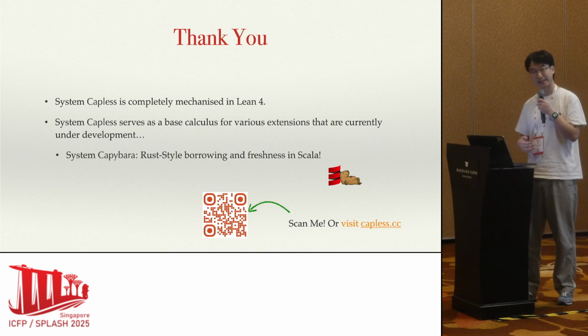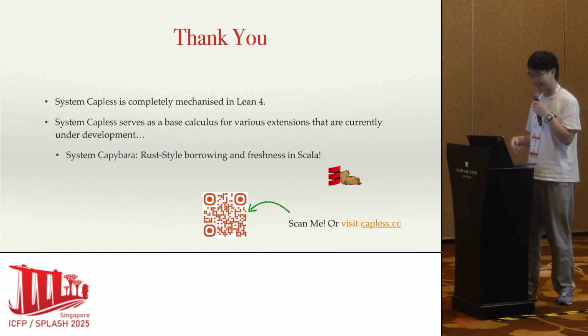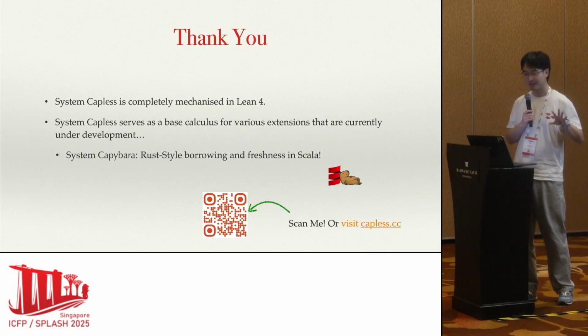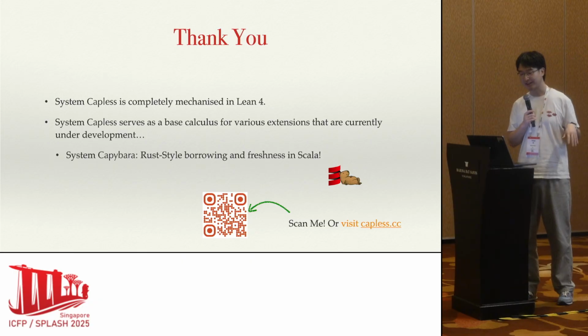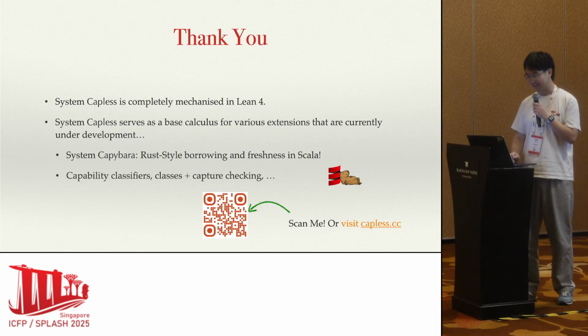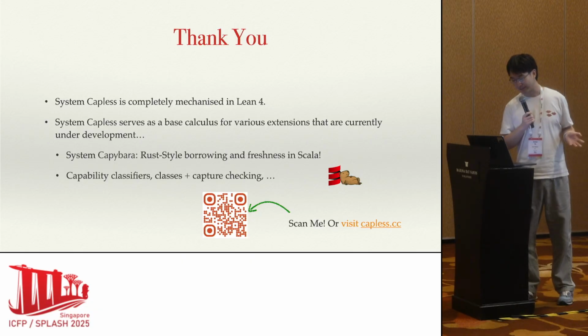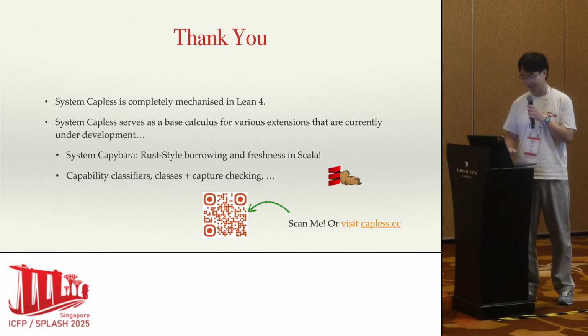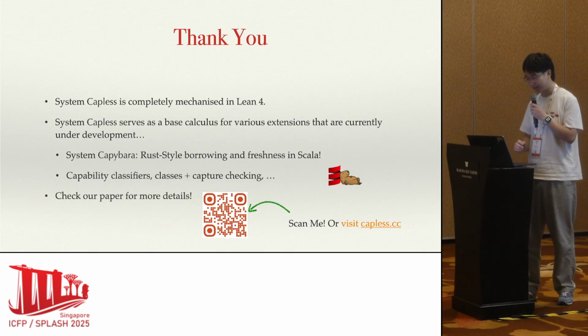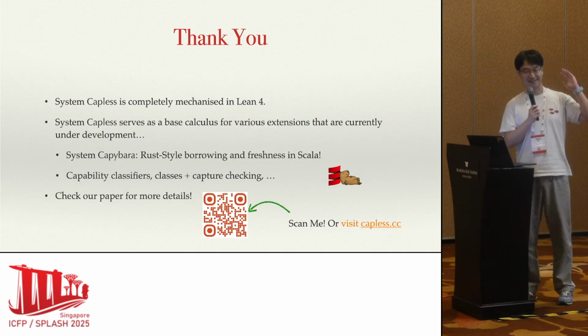For instance, System Capybara brings separation and freshness reasoning to Scala. That's the goal, and I had a talk on Tuesday already. And more things like class capabilities and the interaction between capture checking and classes, etc. You can check our paper for more details, and also the website. And thank you for listening.